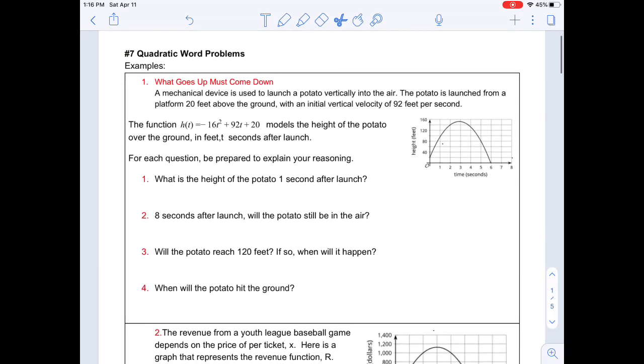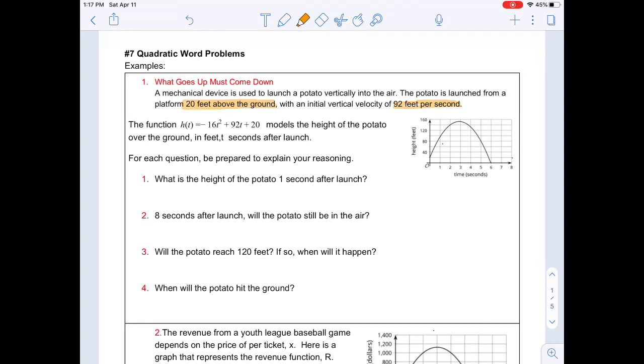Number 1 says, what goes up must come down. A mechanical device is used to launch a potato vertically into the air. The potato is launched from a platform 20 feet above the ground, with an initial vertical velocity of 92 feet per second.